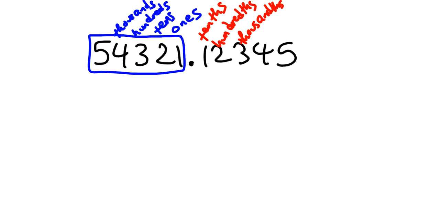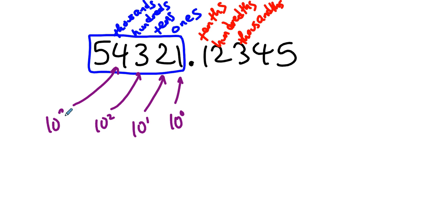Why does that make sense? Well, we remember that this is base 10, so all the place values are powers of 10. 1 is 10 to the 0. This is 10 to the 1s. This is 10 to the 2s. This is 10 to the 3s. So if we move from left to right, we would expect that this would be 10 to the negative 1, and this would be 10 to the negative 2, and so on.